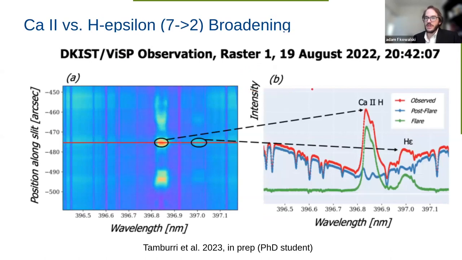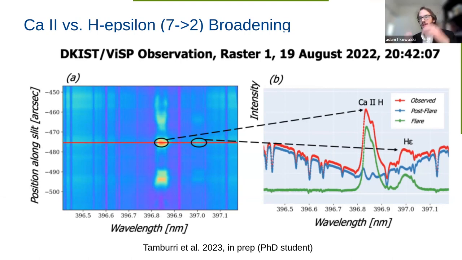The first flare that was observed, a student of mine is studying this. We have strategically placed a spectral window using the ViSP around calcium-2 H and H epsilon. We expect the H epsilon line to broaden dramatically due to the pressure broadening, Stark effect, and the calcium-2 line to be less broadened and maybe show these redshifts.